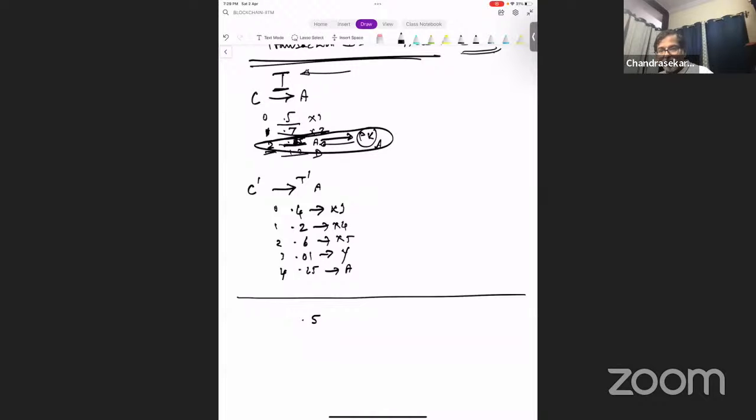Okay. Let us say you would like to give out of which 0.4 to B. Let's simplify the arithmetic. There is a balance of 0.1, right?